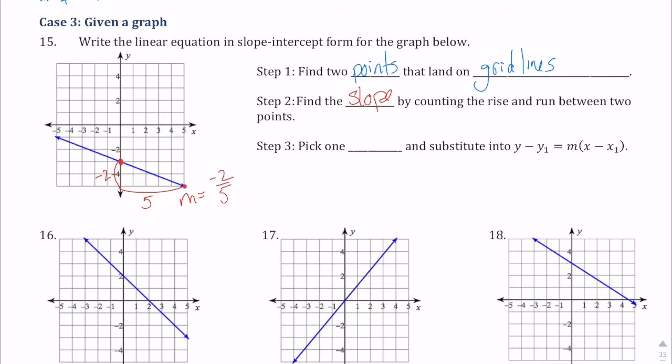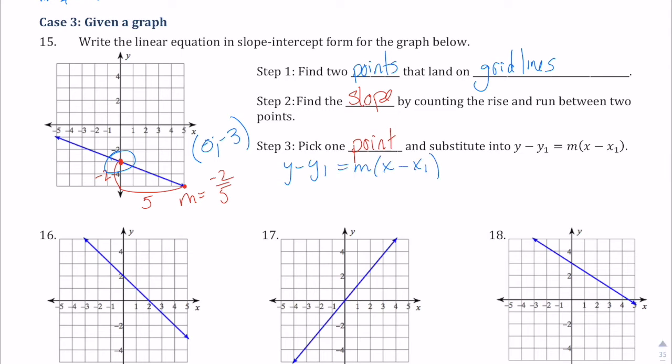And then we just need to pick one point and substitute into our equation. So we can pick this point here that we started with on the y-axis. That's the point 0, -3. So we go y minus y1 equals m times x minus x1.